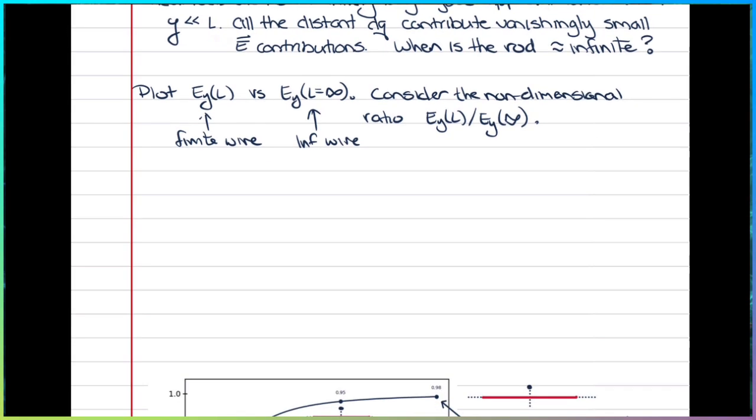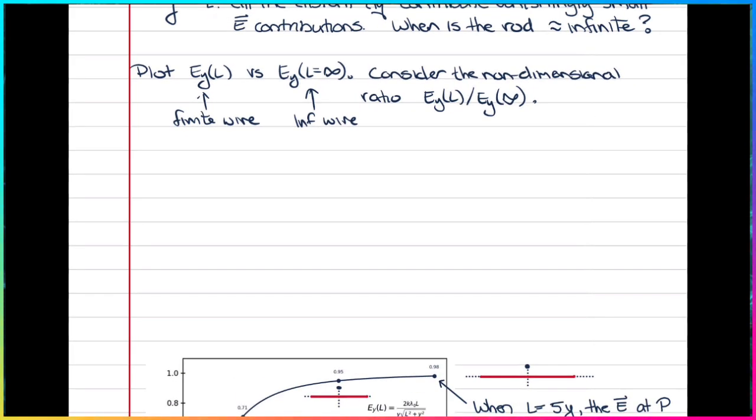What I'll do is consider the finite wire and divide that by the value for the infinite wire and see what expression I come up with. So for the finite wire, we had 2k lambda naught L over Y, and there was that square root business. And then for the infinite wire, we had 2k lambda naught all over Y.